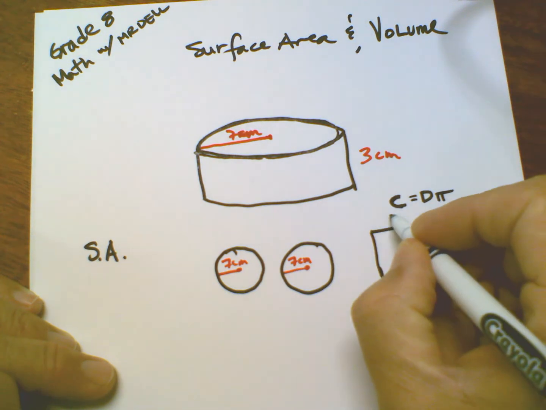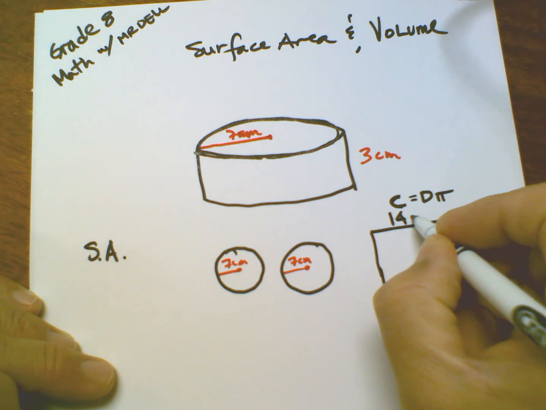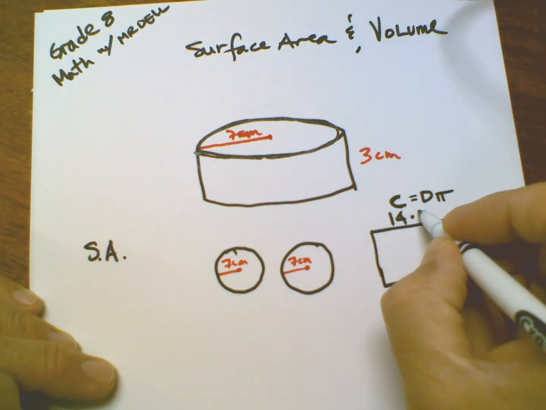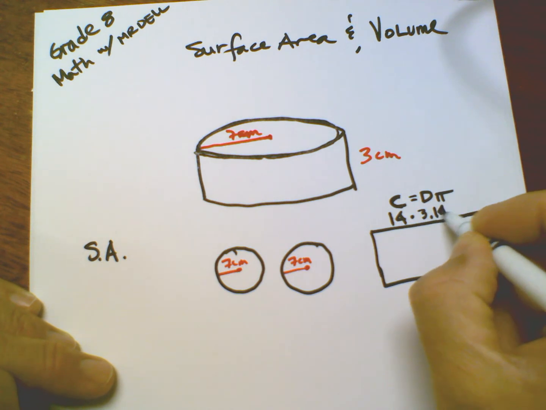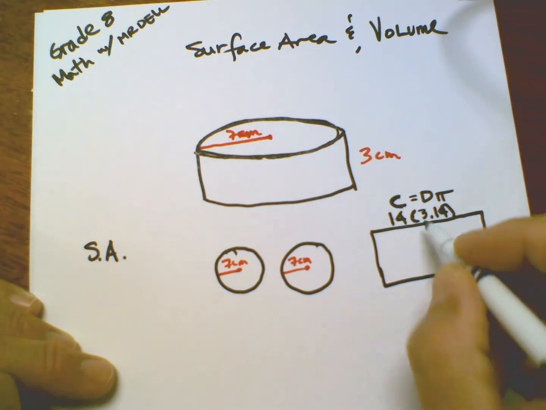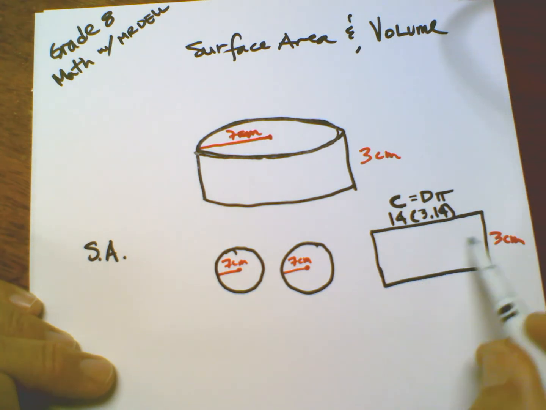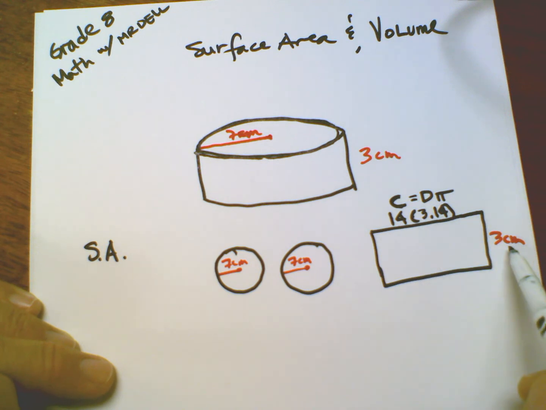So the circumference, this length, is going to be 14. And pi we're going to use as an estimate, as it says on the worksheet, 3.14. So what that length is, is 14 times 3.14. So if I want to find the area of this, it's those two multiplied. Okay, we'll look at that in just a second.